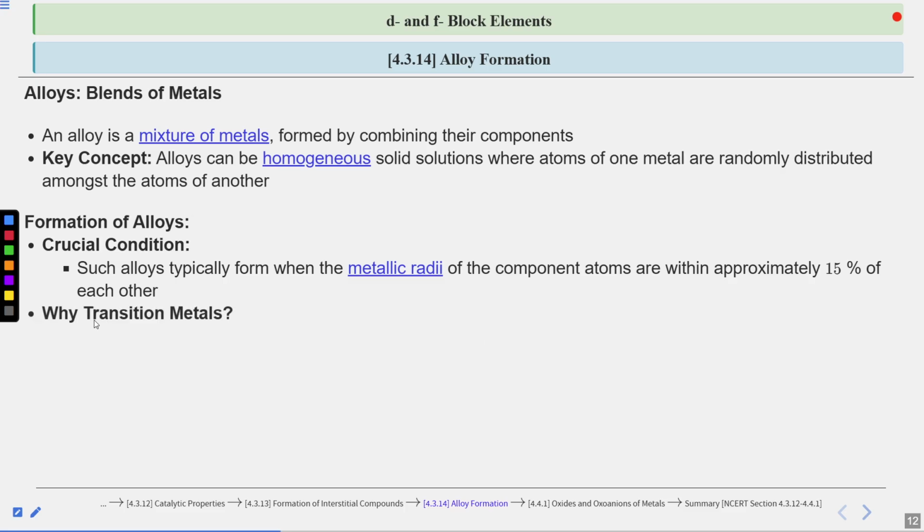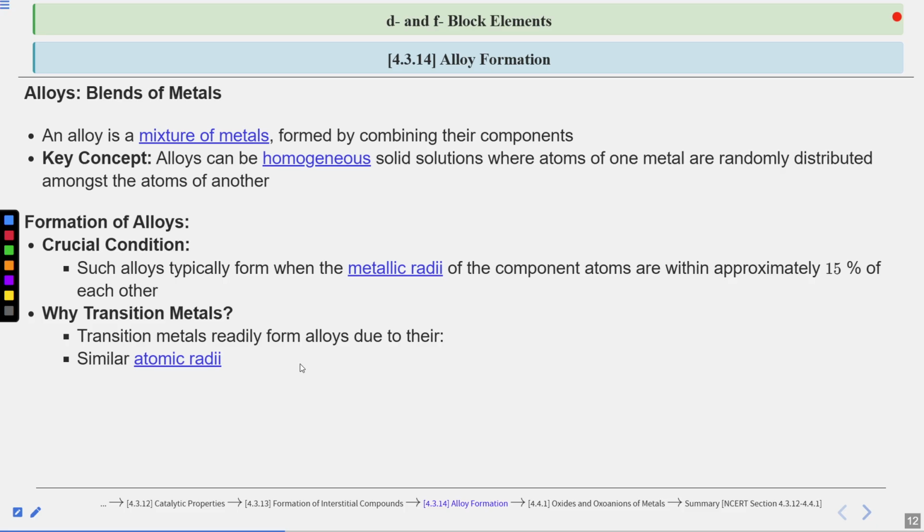Why do we choose transition metals for alloy formation? Transition metals readily form alloys due to their similar atomic radii, which helps in the formation of the alloy. Why? Because size similarity allows atoms to substitute into the lattice structure without significant distortion, leading to a stable alloy.